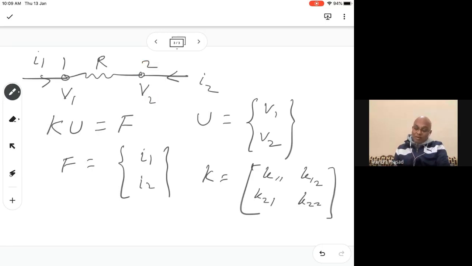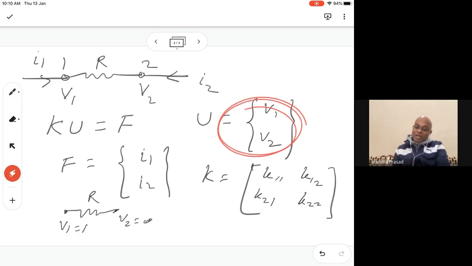We have R here, and we make V2 equal to 0, and then we make V1 equal to 1. So V1 and V2 are like displacements.